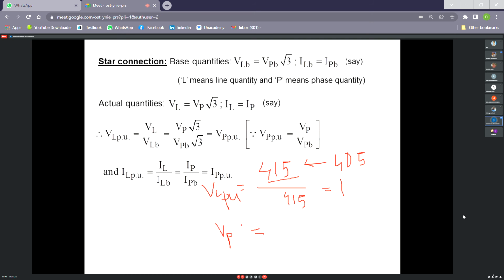Now for the phase quantities, obviously the voltage will be 230. Then your reference is also 230, so it will be 1. So both are the same. In per unit, both are 1 per unit, but in actual, phase quantity is 230 and line quantity is 415. Have you understood that? Yes, ma'am.